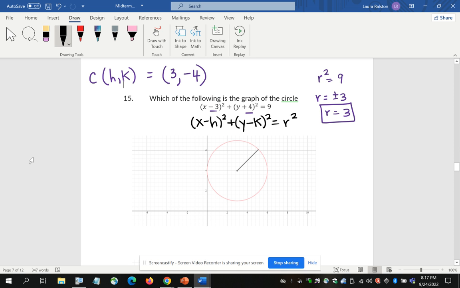So the first thing I'm going to look for is to see if my circle is in the right place. So let's see. For this first choice, my center appears to be at 3, positive 4. Wrong location. So that's not it.